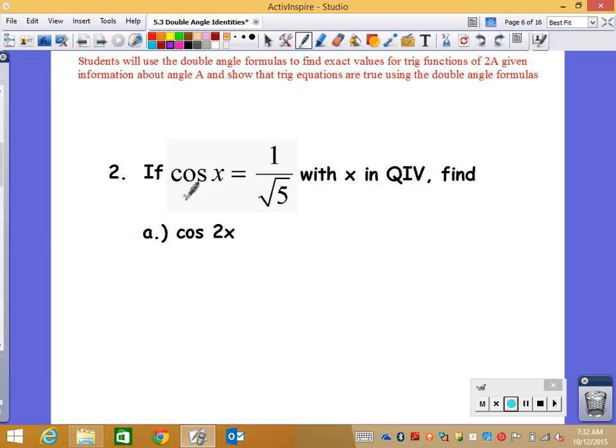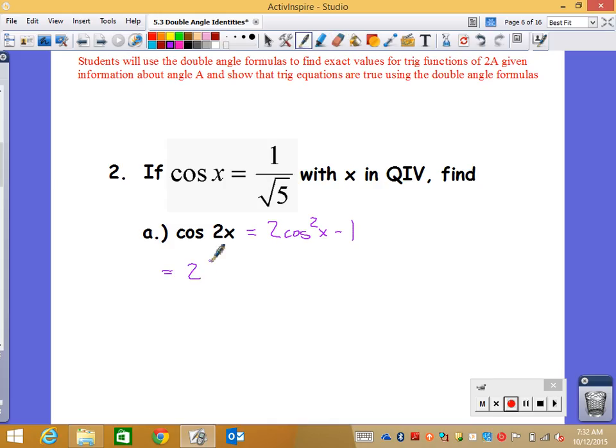That way I don't even need a picture. Well, it just so happens that the cosine of 2x is 2 cosine squared of x minus 1. Remember, x, theta, a, they're interchangeable, so it doesn't really matter what this letter is. Well, I know what cosine x is, so let's just plug in everything I know.